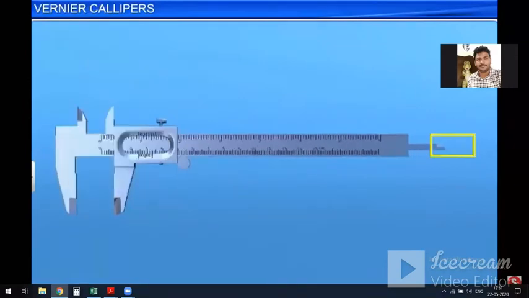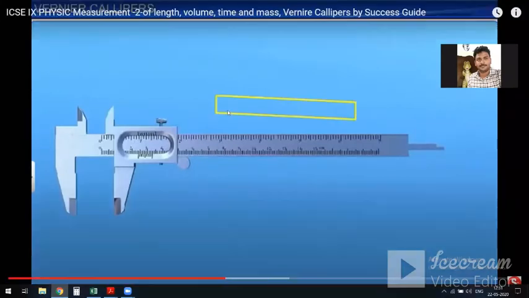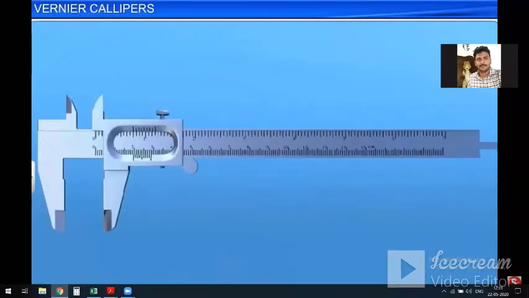A thin and long strip T is attached to the vernier scale at the back of the main scale. This strip is called the tail and is used to measure the depth of hollow cylinders and small beakers. Further, the main scale and the vernier scale are also graduated in inches, which helps in measuring dimensions in inches.